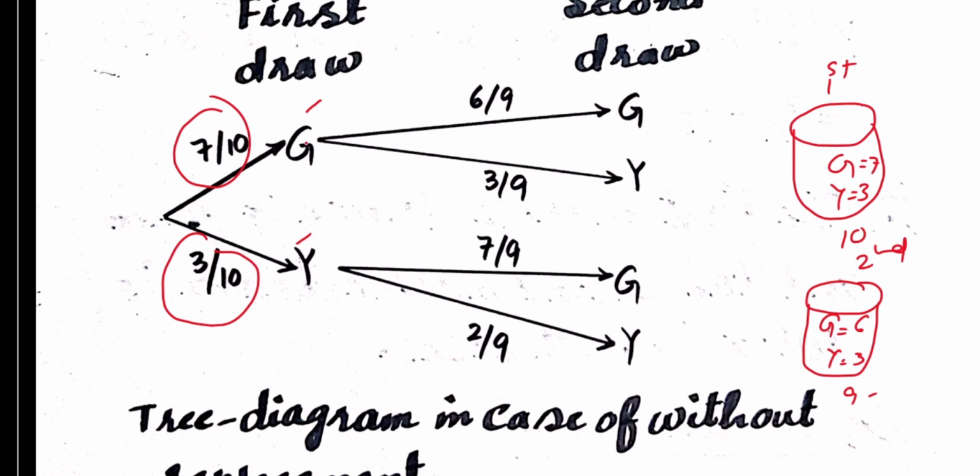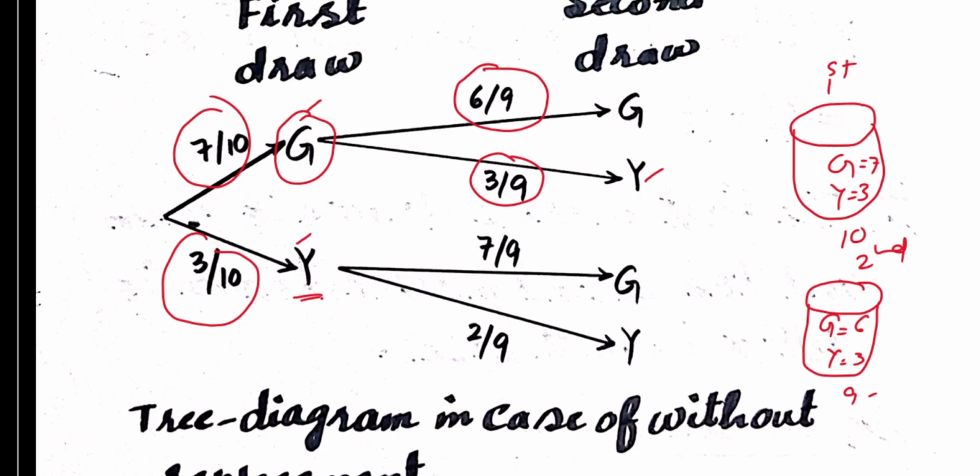Now in case of green, the probability is 6 by 9. Because the first draw was a green marble, it will not affect the total number of yellow. The total number of yellow balls again is 3 here, out of 9. So this is 3 by 9. The probability of yellow in the second draw will be 3 by 9.